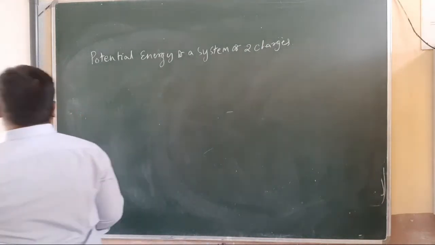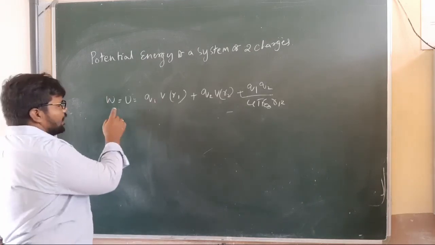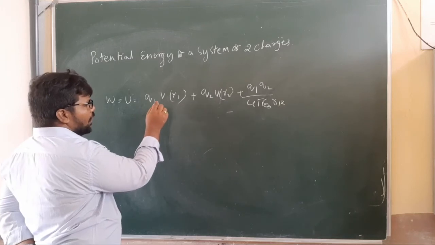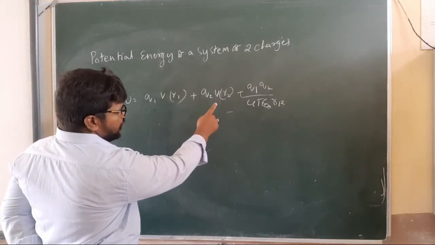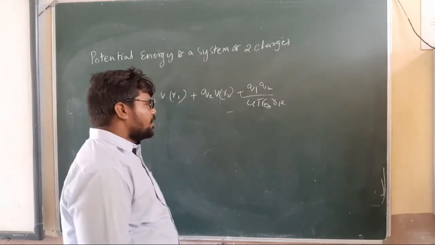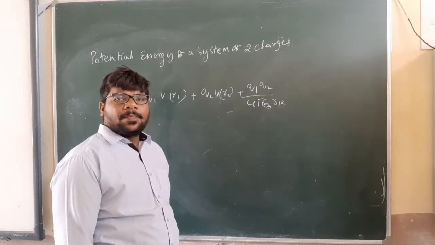It's clear, my dear? Yes. So that work done is equal to potential energy, which is equal to Q1 V with respect to R1 plus Q2 V with respect to R2 plus Q1 Q2 by 4 pi epsilon naught into.